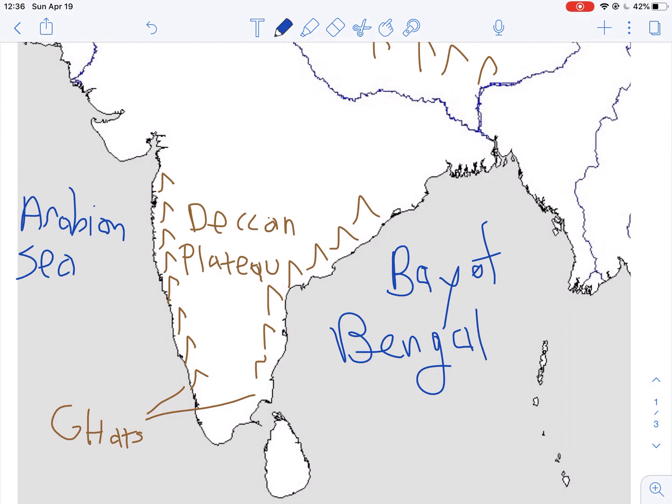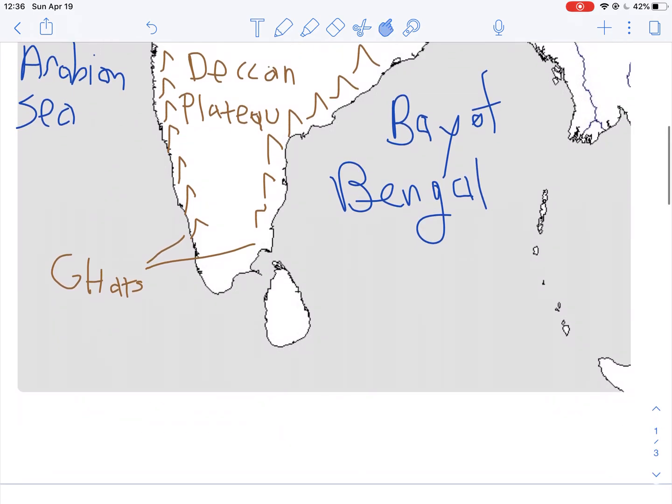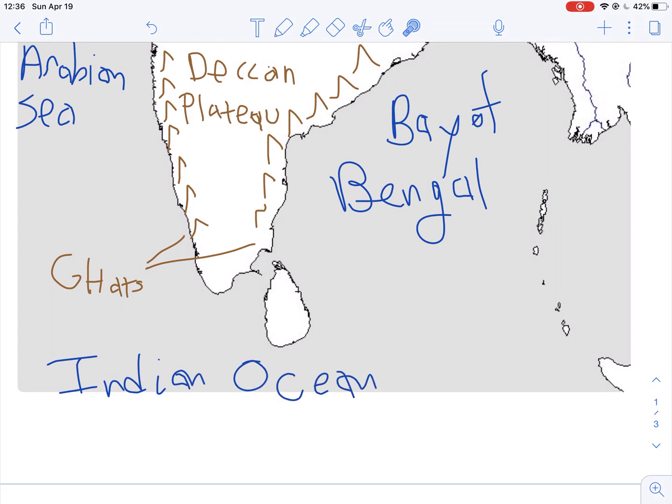And then these are both sub-names for the bigger ocean here, which is the Indian Ocean. Okay, so the Indian Ocean makes up all of this area, but the Bay of Bengal is only this area here, and the Arabian Sea is only this area here. So the seas and the bays are smaller classifications of the ocean.